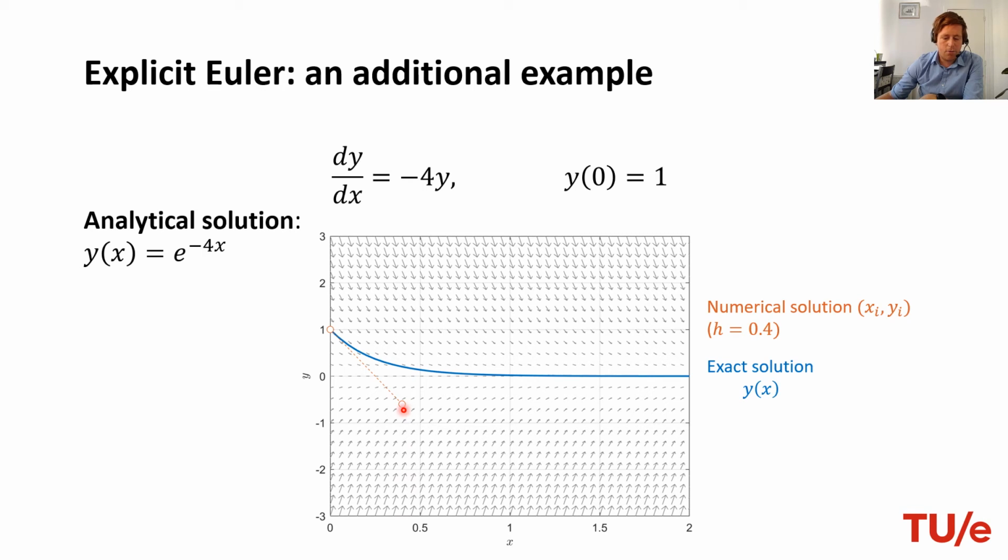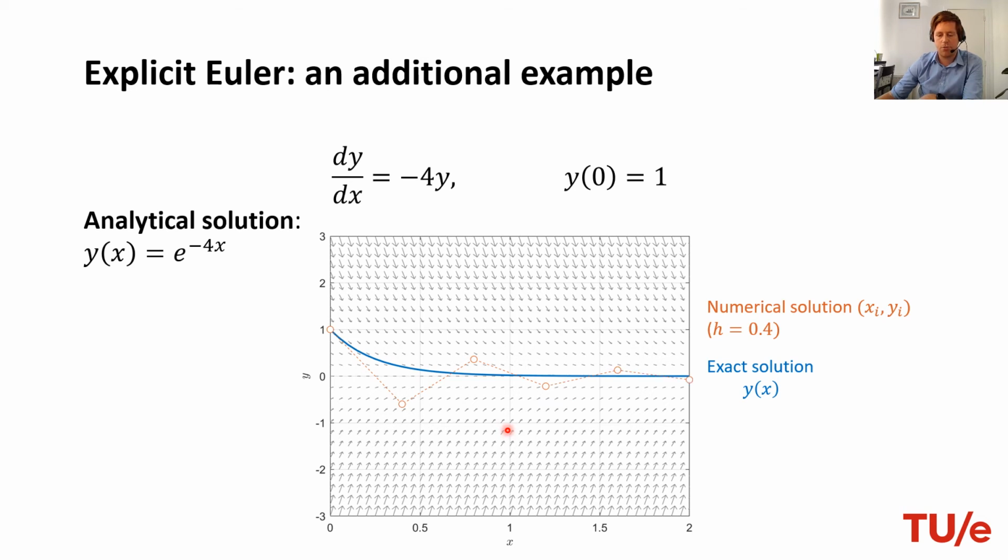What we then do again is evaluate the direction field. So we draw this line corresponding to the slope of the direction field. We extrapolate up until x is 0.8, so that will be somewhere around here, and that's where our new solution lies. We repeat this procedure: we draw a line, see around x is 1.2, so that will be around here.